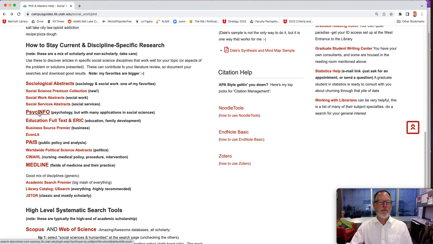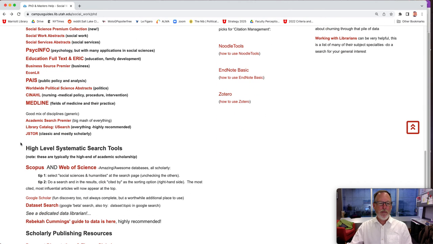Sociological Abstracts, PsycInfo, PAIS is a public policy database where people are paying money to try an intervention, and education is typically a context for a lot of those. And then Scopus and Web of Science. If we find too much of something, you can narrow down by the number of times something has been cited. So I apologize, but hopefully this will help you dig around further.